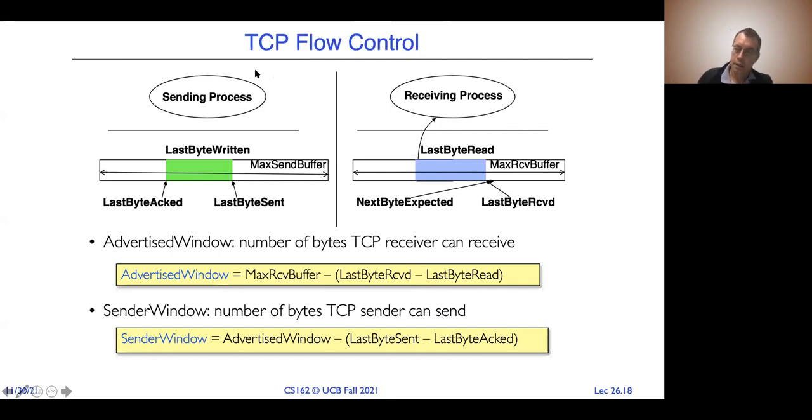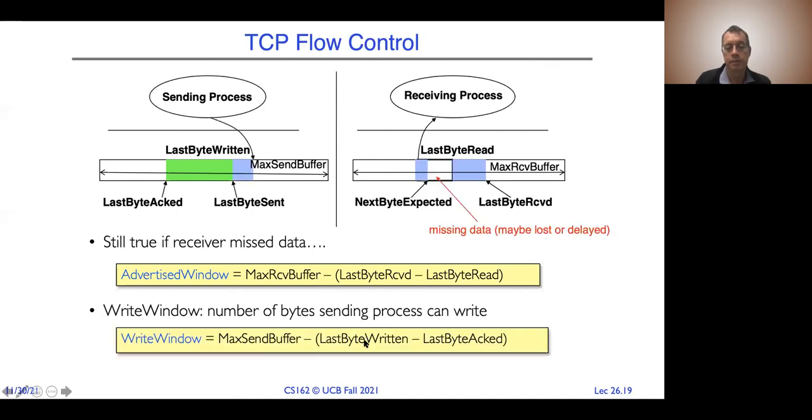You can send another 200 bytes. So then you send in total 300 bytes before you hear back. You cannot send more. And this is exactly this next formula. The sender window is how many more bytes you can send without overflowing the receiver. It's the advertised window minus the number of bytes you sent out without being acknowledged in that window.